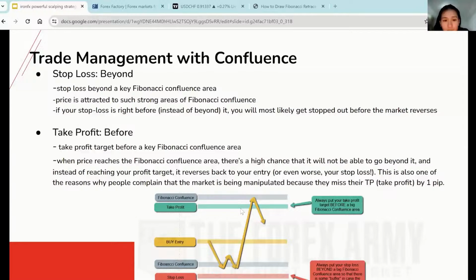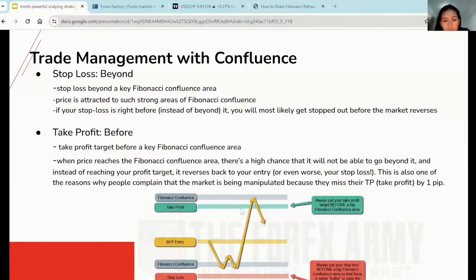the market reverses. Take profit should be placed before the area, because if you place it beyond it, there's a chance that it won't be able to reach your profit target.